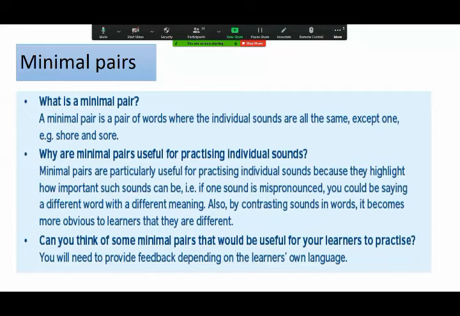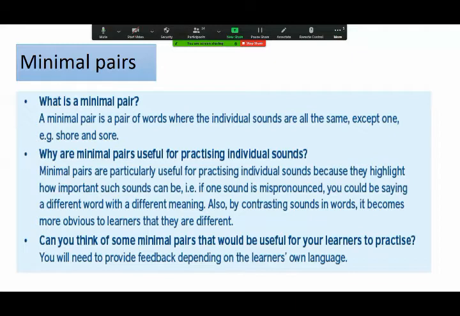Why are minimal pairs useful for practicing individual sounds? Minimal pairs are particularly useful for practicing individual sounds because they highlight how important such sounds can be. If one sound is mispronounced, you could be saying a different word with a different meaning.